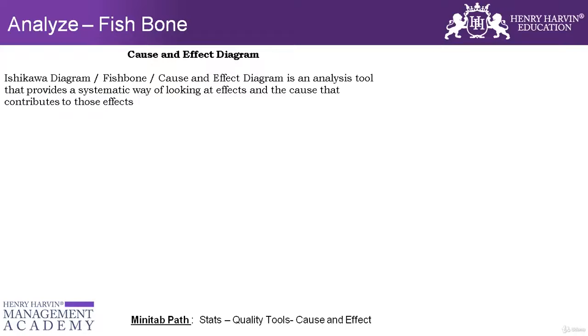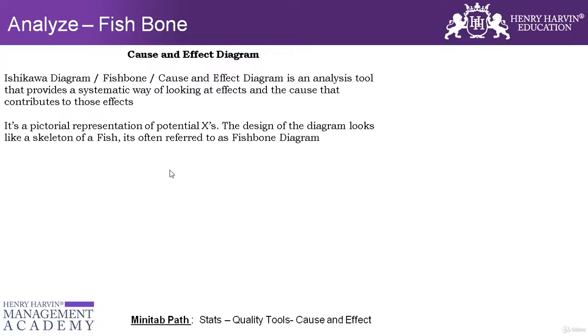You can use it within a Six Sigma project or outside Six Sigma. Like I said, it's a pictorial representation of the potential causes. The design of the diagram looks like a skeleton or a fish, so it is referred to as fishbone.